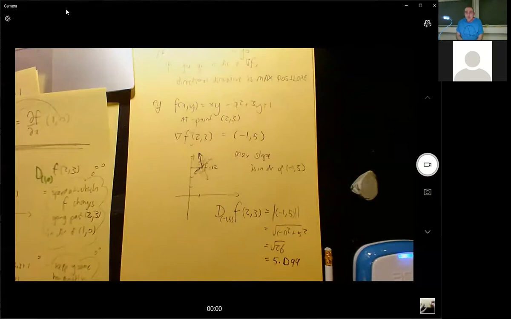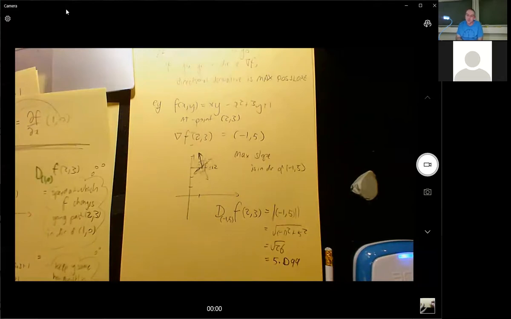Okay. So if you want to know what u is, what will happen is that someone will tell you which direction you're interested in. They'll always begin by telling you, I want the derivative in the direction of 1, 1, or I want the derivative in the direction of 5, 7, or I want the derivative in the direction of minus 1, 3.